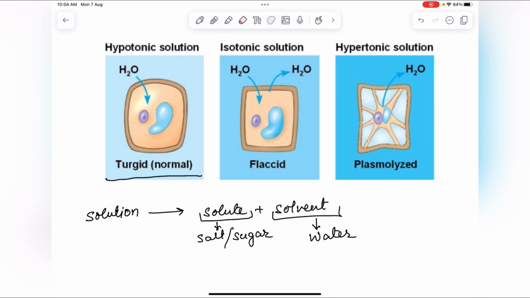Now we'll see what a hypotonic solution is. This is a solution in which the cell is kept.